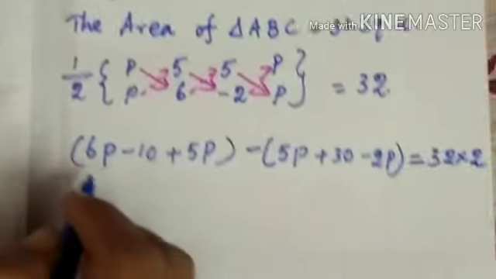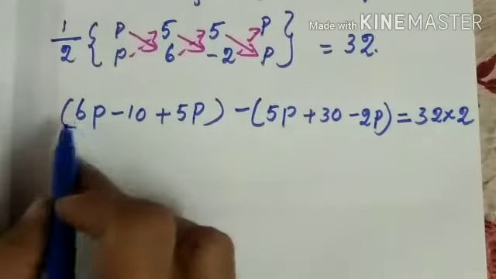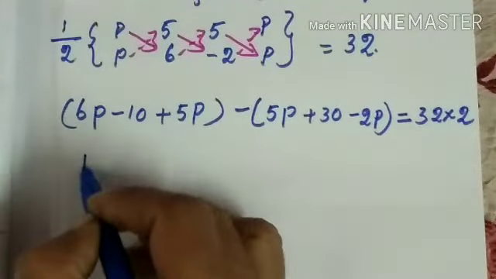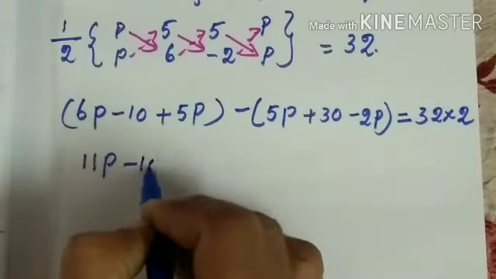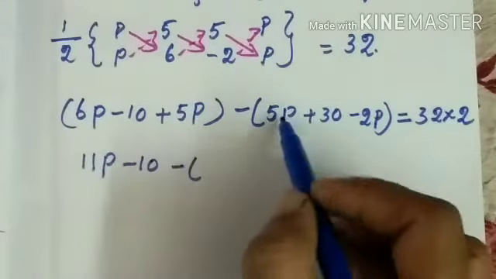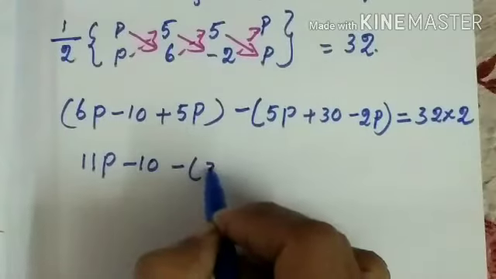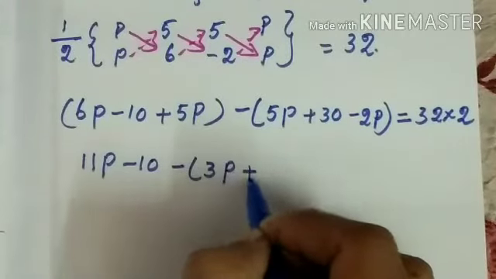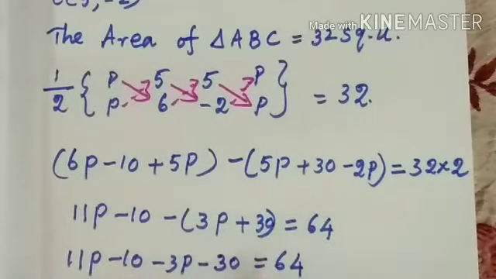Now you simplify. We get 6P plus 5P, 11P, minus 10, minus of 5P minus 2P plus 3P plus 30, equal to 64.